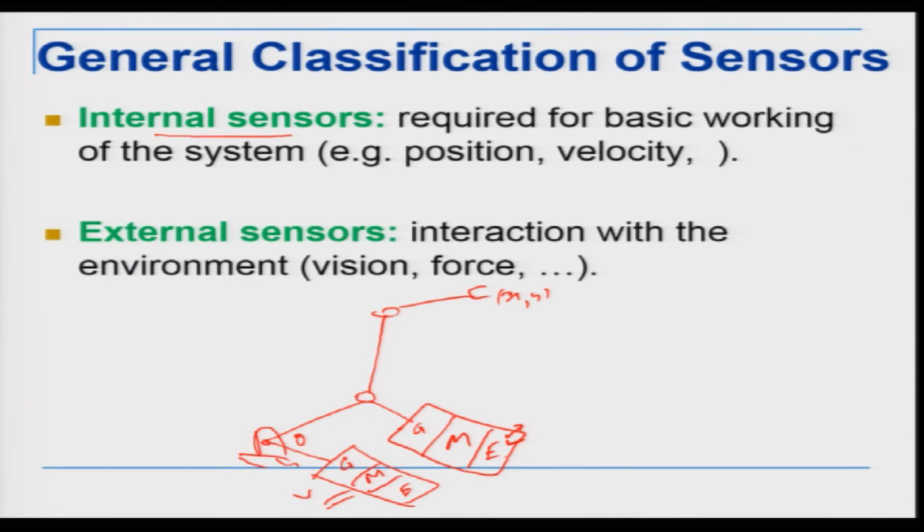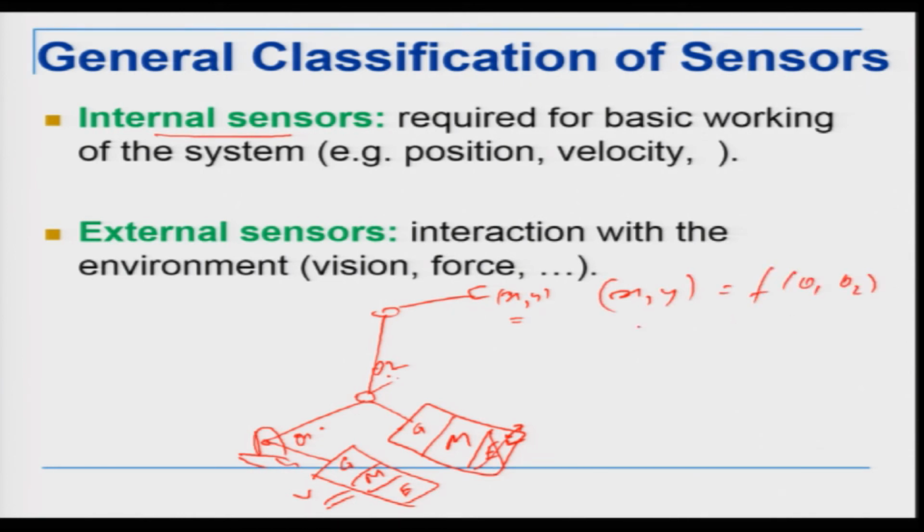Now, without this internal encoder, the robot will never know what the position angle is, if this is my theta 2 and this is my theta 1. Okay. So, if I do not have an encoder there, there is no way for this robot to know what theta 1 and theta 2 are. And if I do not know theta 1 and theta 2, I will not know xy. So, xy, as we have done so far, is a function of theta 1 and theta 2 in this case. Okay.